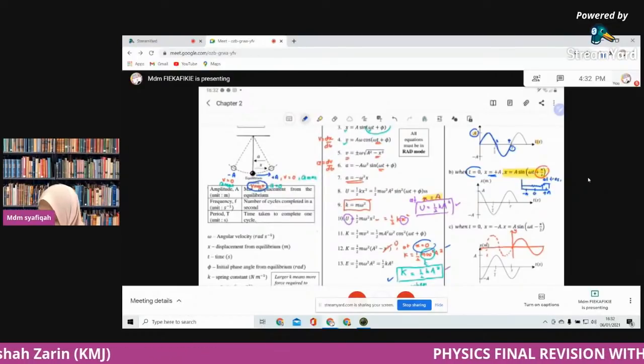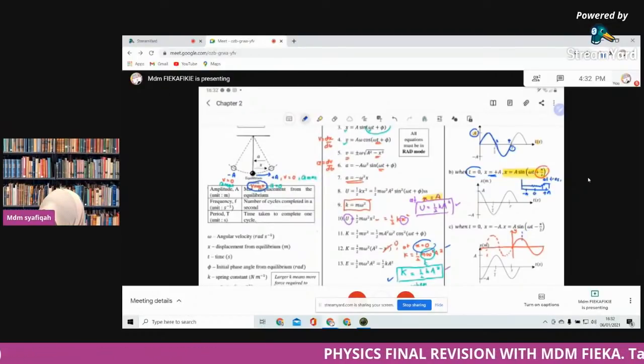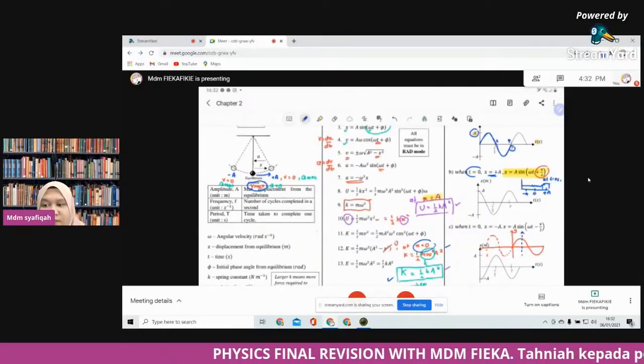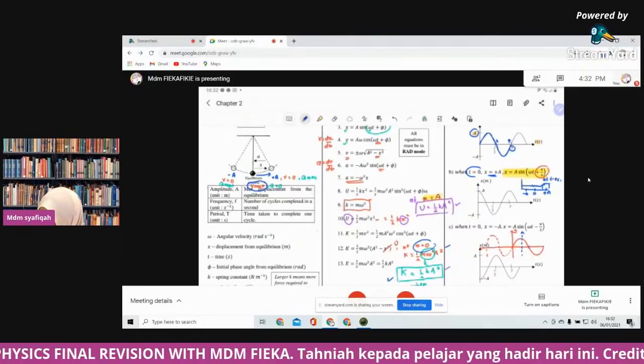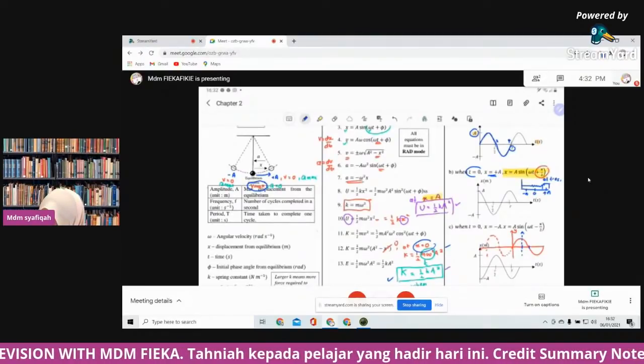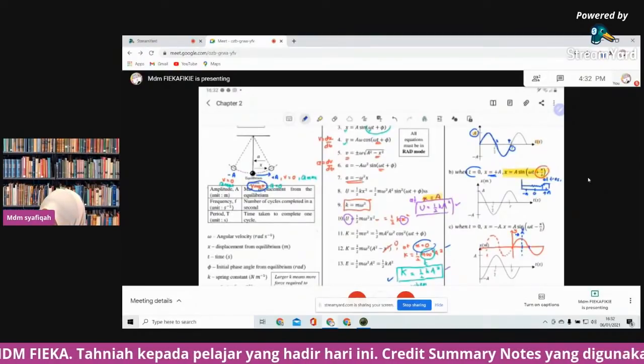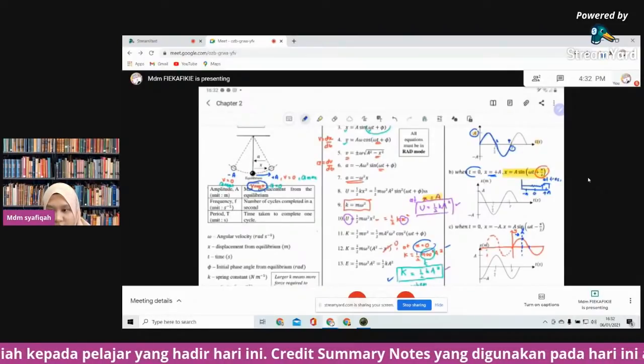Positive pi over 2, you shift your y-axis to the right sebanyak, okay, by pi over 2. Ini pi, this is pi over 2. Okay, you gerakkan ke kanan. So it start from here.